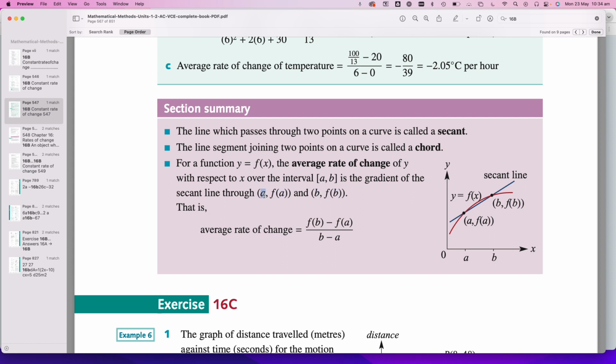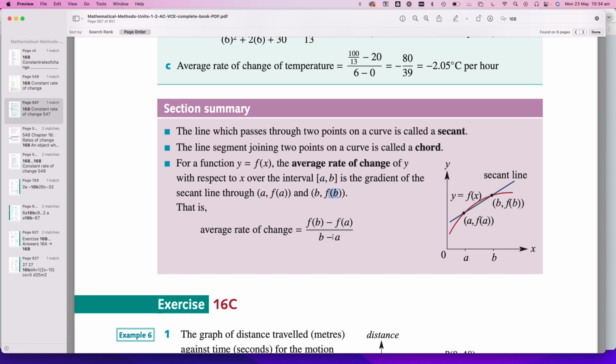So x1, y1, x2, y2. So we have y2 minus y1, f of b minus f of a, over x2 minus x1, average rate of change. Okay, so these are basically rate of change problems that I've asked you to do.